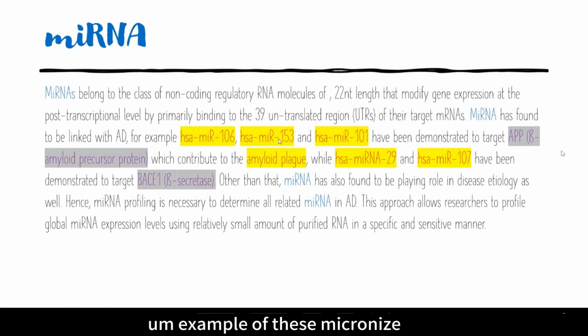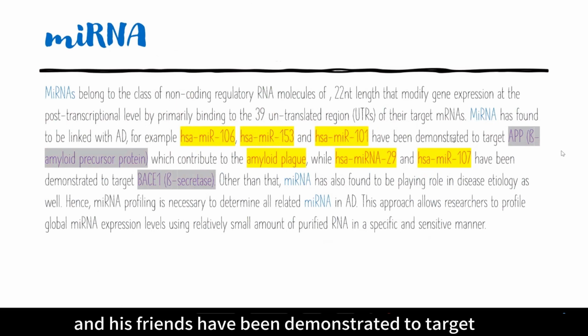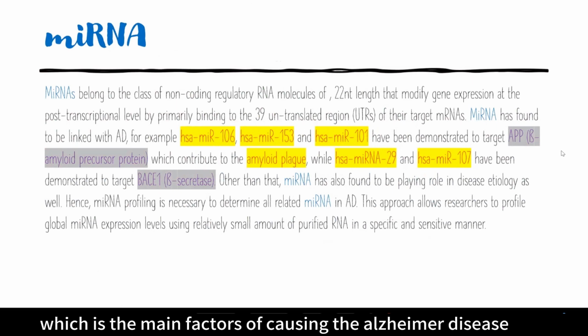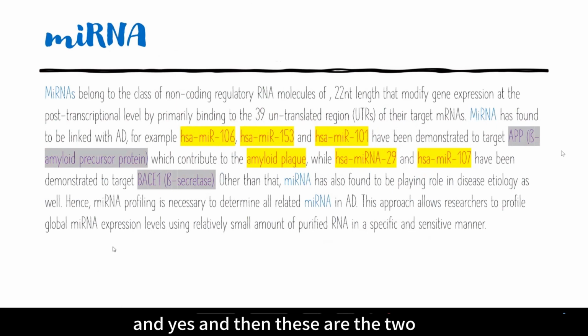For example, HSA-MIR106 and its brands have been demonstrated to target the beta amyloid precursor protein, which contributes to the amyloid plaque, the main factor causing Alzheimer's disease. These other two have been demonstrated to target BACE1 beta secretase, which splices this beta amyloid precursor protein into a functional protein.